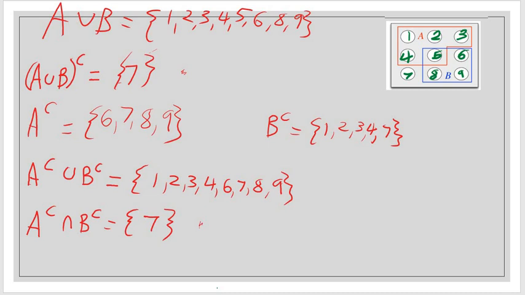And so our general rule, which I have illustrated in this one case, is that (A union B) complement equals A complement intersection B complement.